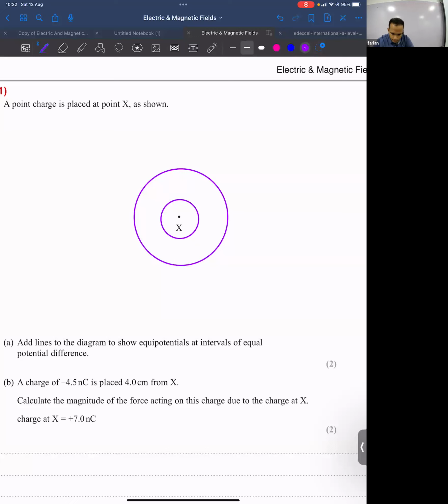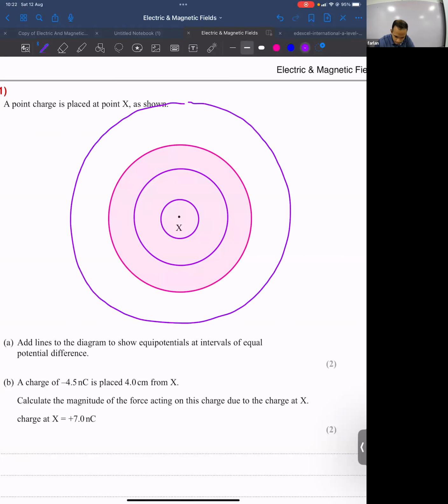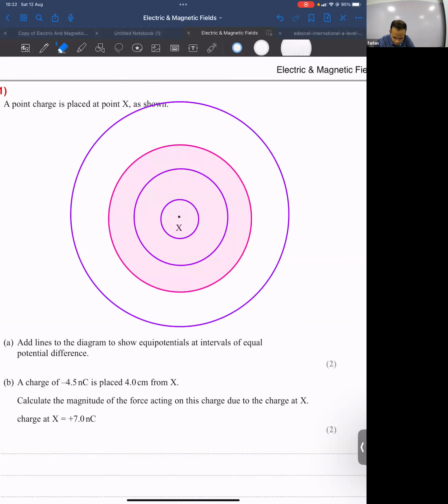I'll give you two options. One is this one. One is this one. Which one is the right one? I label it A and B. Which is the right one?